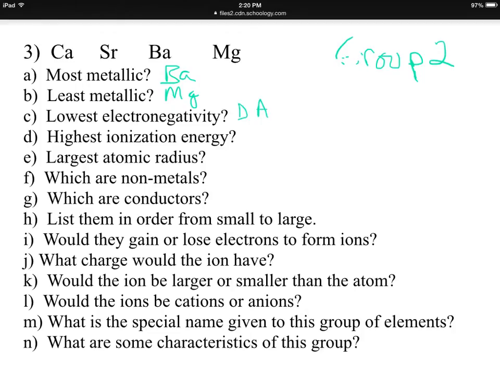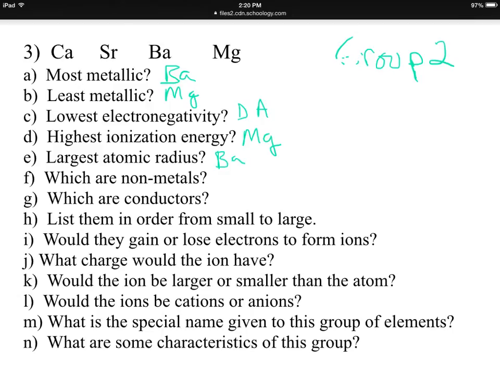Lowest electronegativity? Don't answer. How about highest ionization energy? Well, we said ionization energy increases as you go across a row, but we're all in the same column. It decreases as you go down a column, so which would have the highest? Yep, magnesium. Which would have the largest atomic radius? Well, atomic radius increases as we go down. That would be barium.